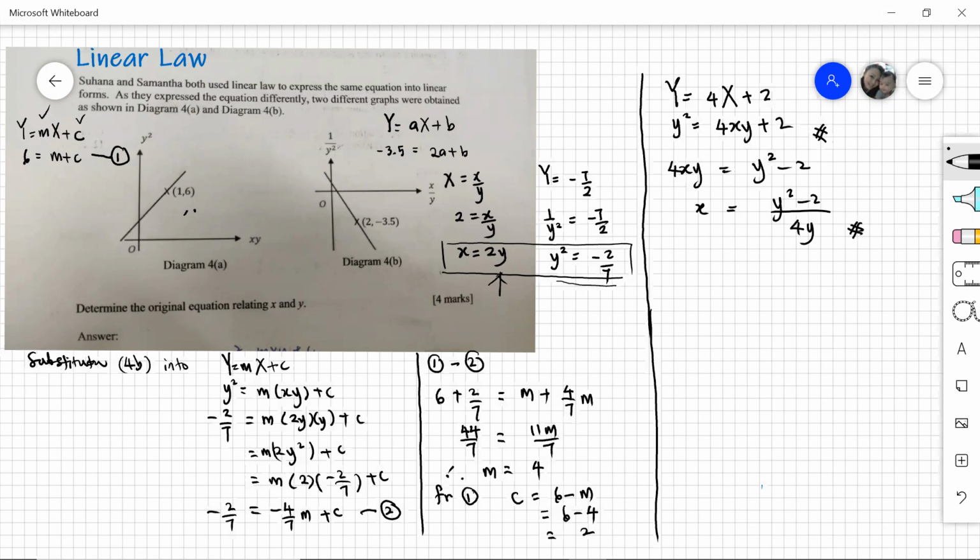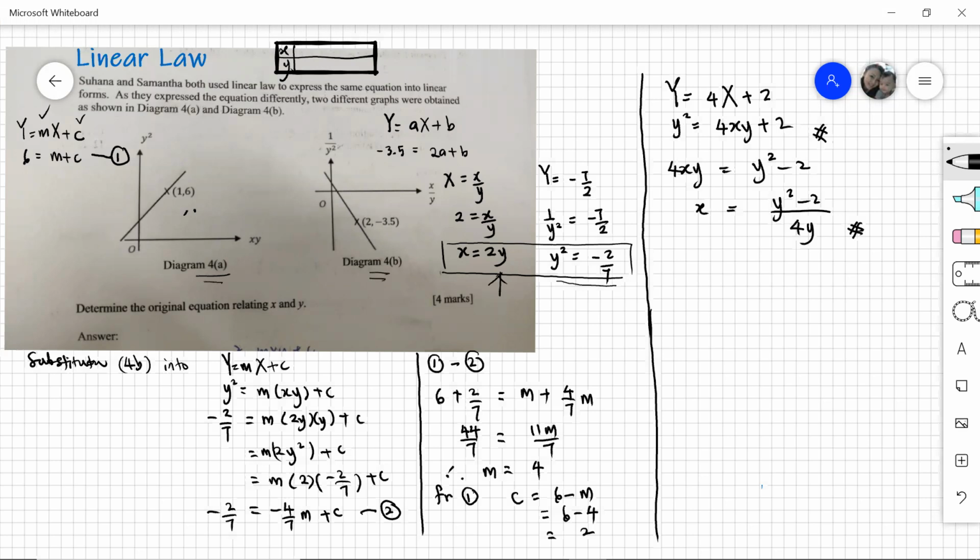Isn't it the same answer as method 1? The point is, for different linear forms coming from the same equation, the things that will never change are the small x and small y values. So we can use that to connect the linear graph from 4a to 4b.